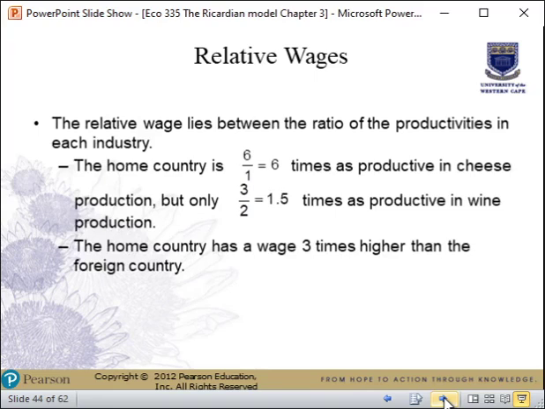From the example, we see that the relative wage of 3 lies between the ratio of the productivities in each industry. That is, the home country is 6 times as productive in cheese production, but only 1.5 times as productive in wine production. This reflects that the home country has a wage 3 times higher than the foreign country.